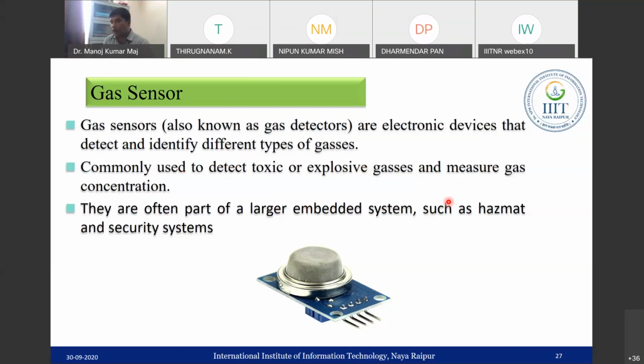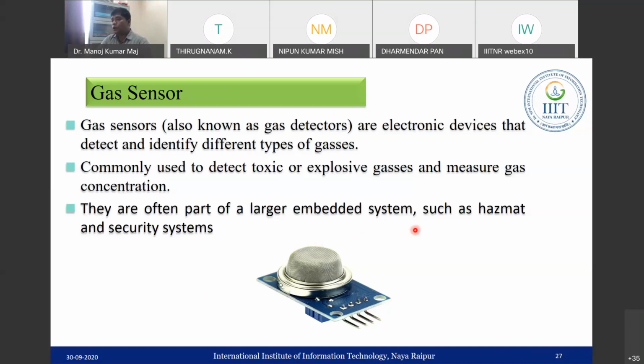Different kinds of gas sensors are also available in the market. If we want to use a carbon dioxide based gas sensor, then it can detect CO2, or maybe nitrogen dioxide, or maybe carbon monoxide. So whatever kind of gas we have to detect, we have to use that kind of gas sensor there, and this type of gas sensor is often part of a larger embedded system.